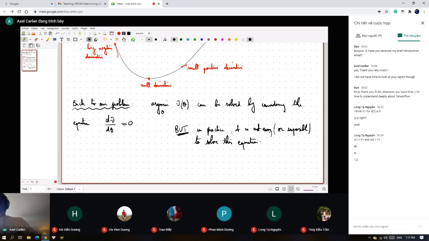Okay, so I was saying that yes, in practice, this kind of equation does not always have some solutions. But what we can do in practice is trying to find an approximation of the solution.